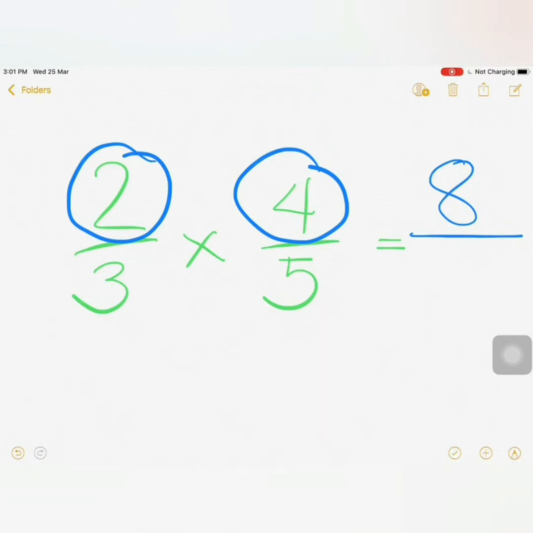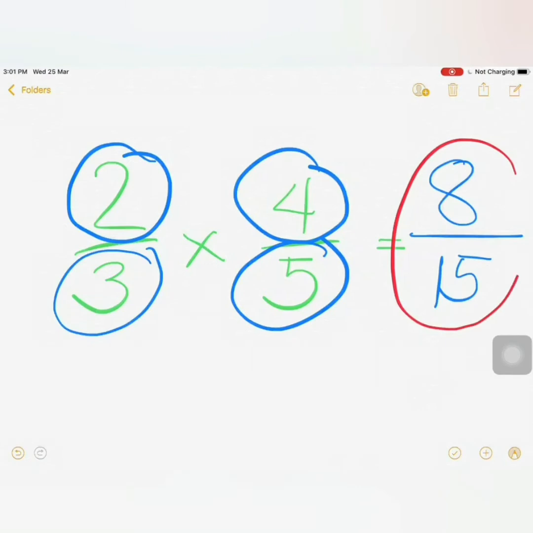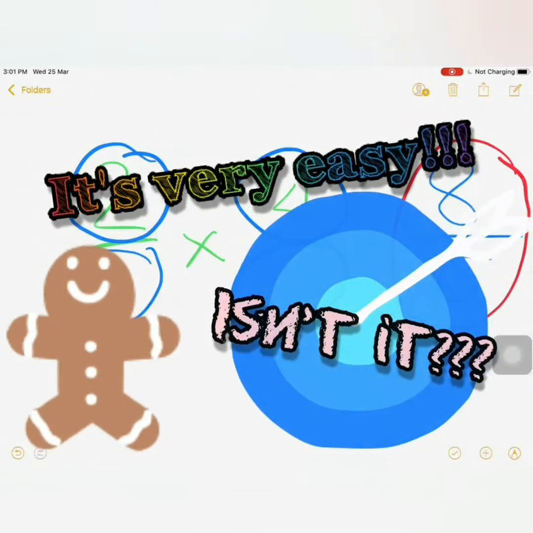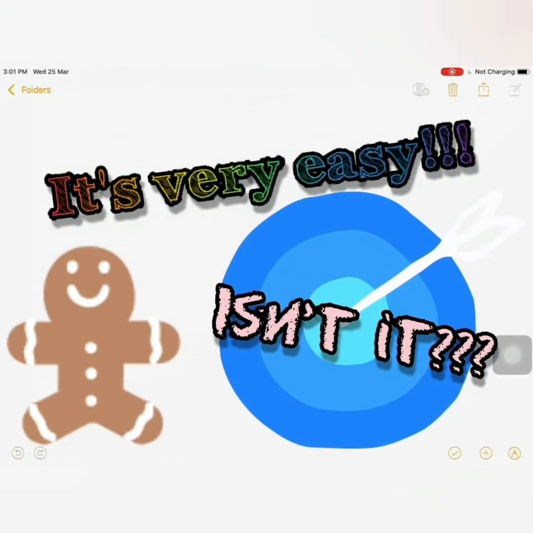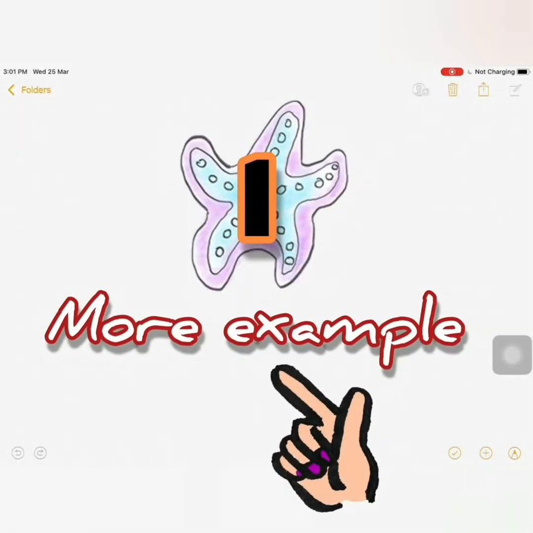So, 3 times 5 is equal to 15. So our product after multiplying 2/3 and 4/5 is 8/15. It is very easy, isn't it? Okay. Let's have one more example.